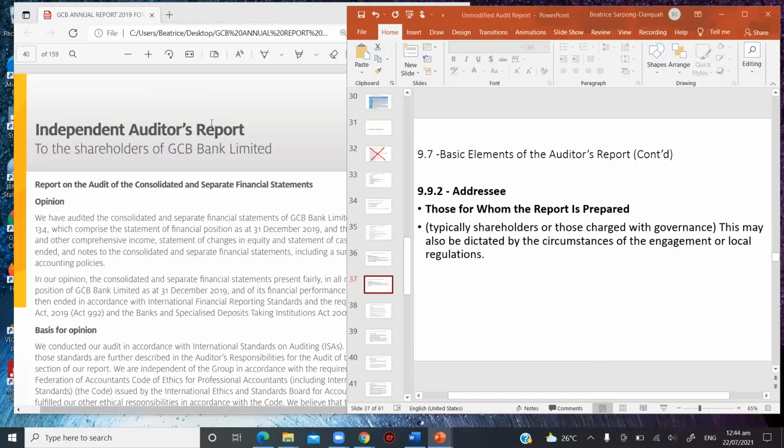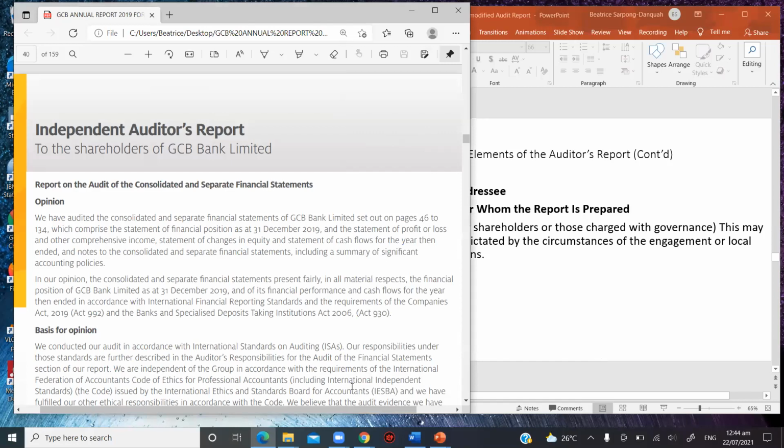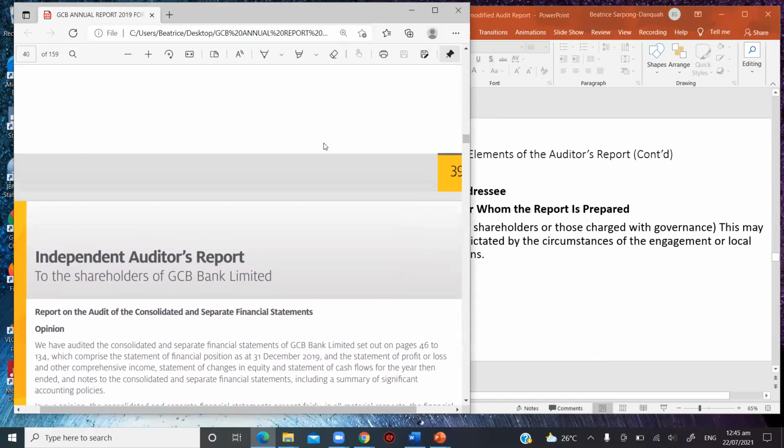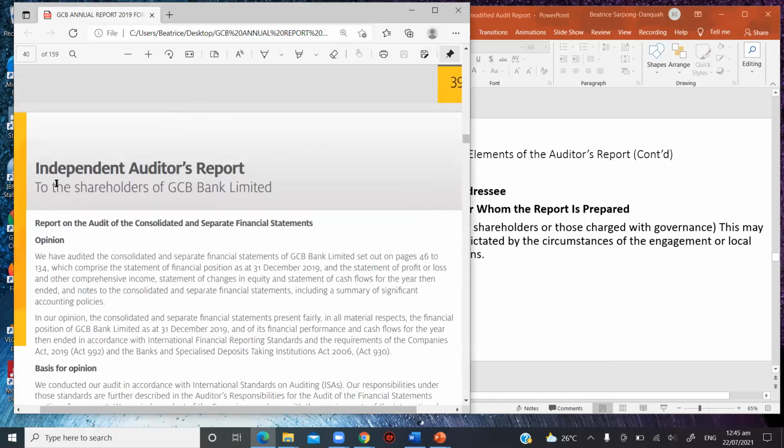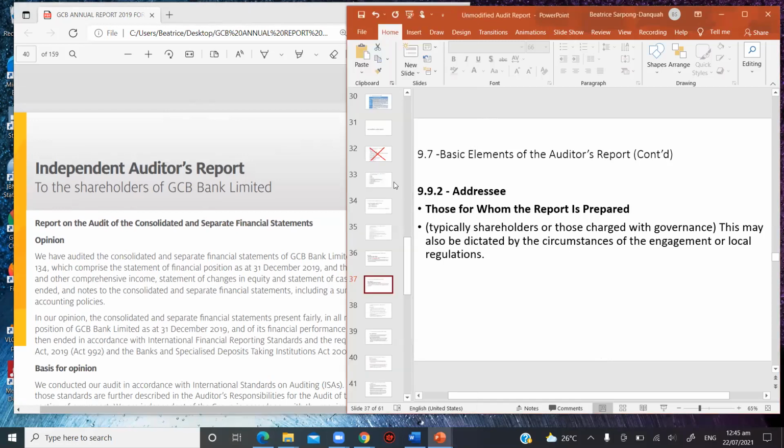Okay, so I believe you can now see my entire screen. So this is the annual report of GCB Bank. And inside the annual report, it has the audit report. So the title is Independent Auditor's Report, just as I've said in the slide.